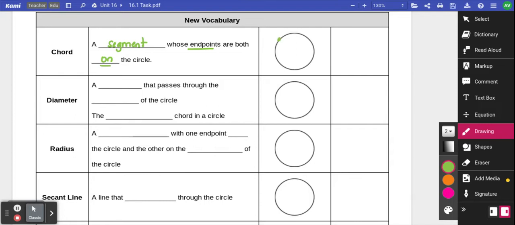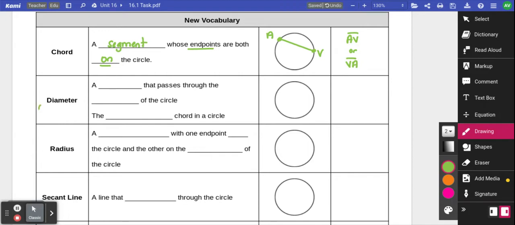So an example of a chord would look like this. It's a segment, so it has 2 endpoints, and both of those endpoints are actually on the edge of the circle. Now, I'm going to give those 2 endpoints names, and when I name this chord, I would use those 2 endpoints to name it. So I would name it either AV, or I could name it VA.